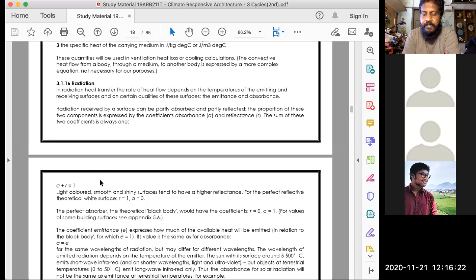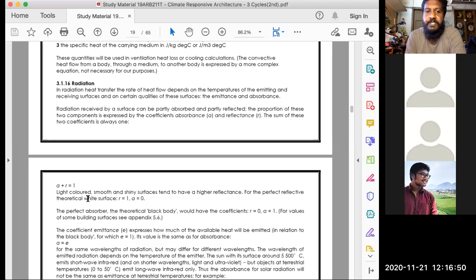In the consideration for radiation, A is absorbance and R is reflectance, and this sum is always 1. So what happens in a light color surface? Normally black is very heat sensitive and absorbs a lot of heat, whereas white is a very reflective color.